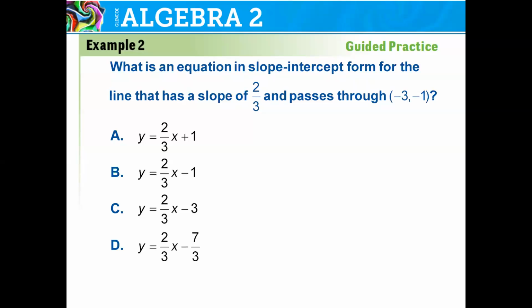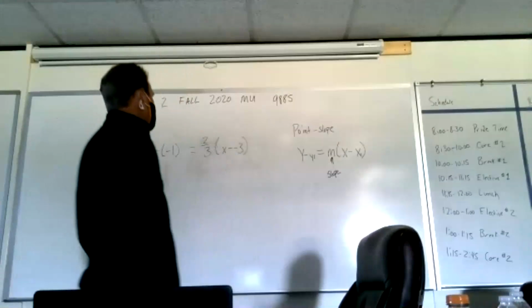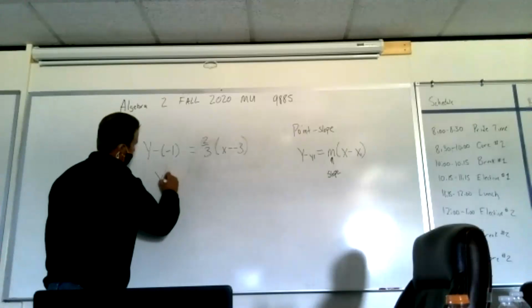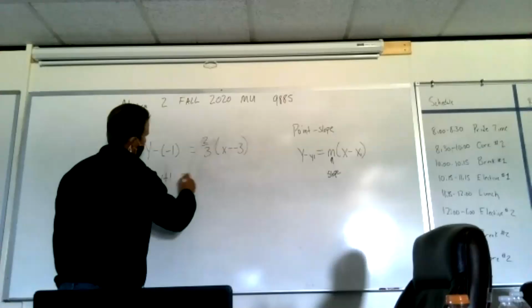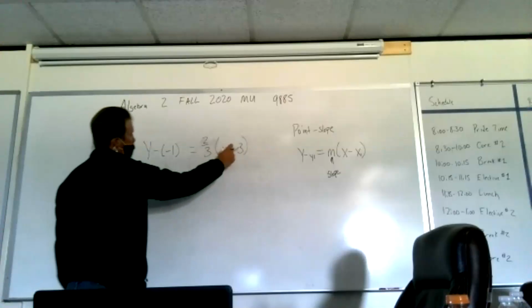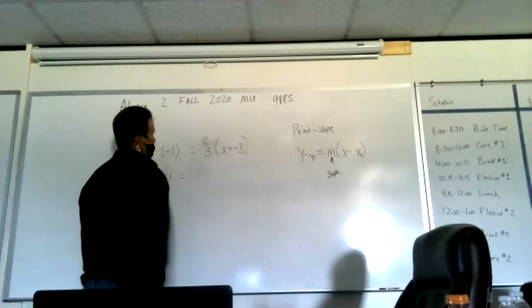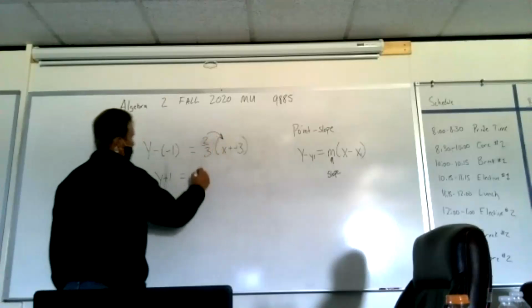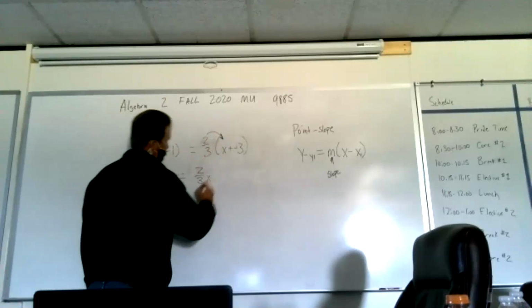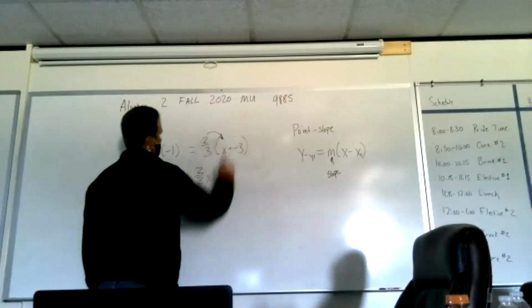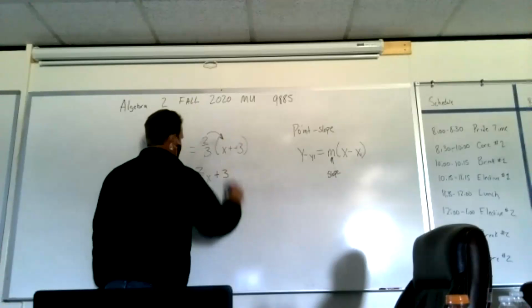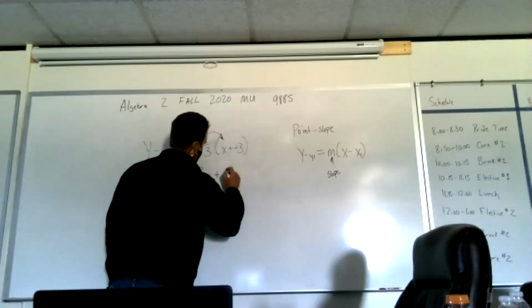On the left-hand side, y minus a -1 is equivalent to y plus 1. Here we have x minus a -3, so that's really x plus 3. So once again, I'm going to distribute. 2/3 times x gives me 2/3 x. And 2/3 times 3 is going to give me a positive 2, not positive 3, Mr. Burns. Positive 2.